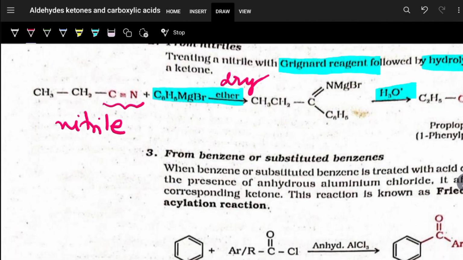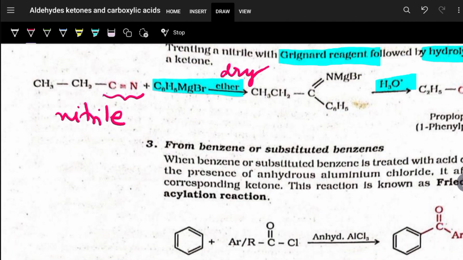This we can write in this manner. See, R-C triple bonded N is my alkyl nitrile. So C6H5, this part is delta negative and Mg is delta positive, just as it happens in Grignard.